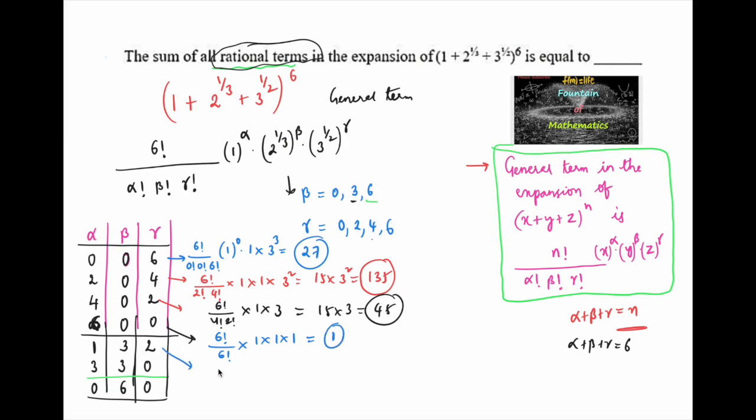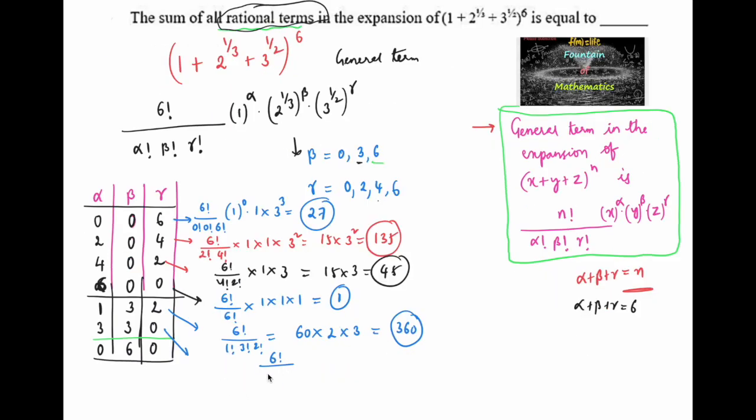And the next term, 6! / (1! 3! 2!), which simplifies to 60, and (2^(1/3))^3 is 2^1, which is 2, and (3^(1/2))^2 is 3. So 60 into 2 into 3 gives 360.